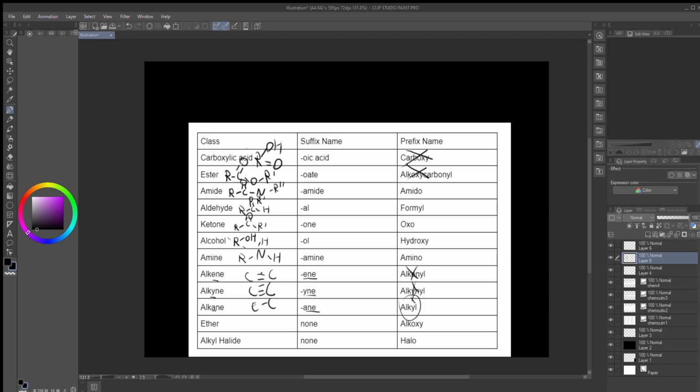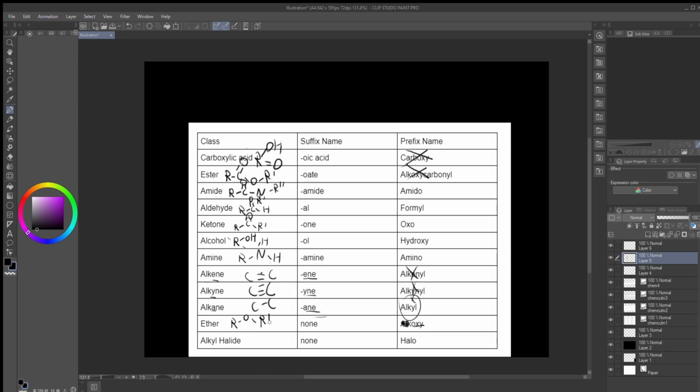And so then we have ethers. Ethers are a carbon main chain, single bonded to an O, single bonded to another carbon chain. And there is no suffix, and the prefix is oxy. You could think of just oxy, so something oxy. And then we have alkyl halides.